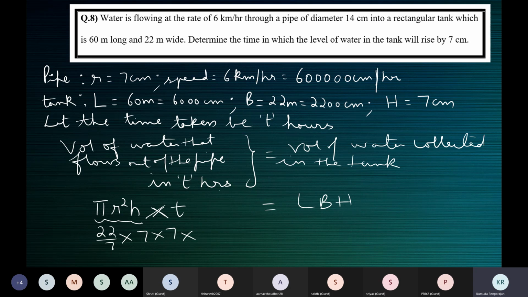Pi is 22 by 7, r is 7 centimeters, h, this one, 6 followed by 5 zeros. This height is for 1 hour, for T hours into T, is equal to LBH. This in centimeter, into this also in centimeter, and this in centimeter. That's all. Now work this and find the value of T.